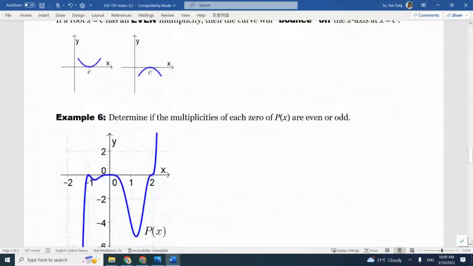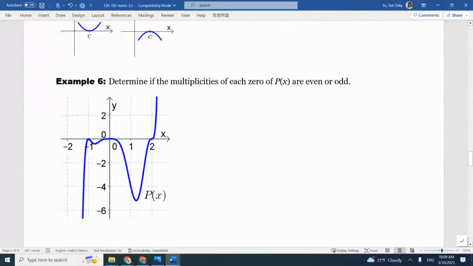All right, so look at the following. Determine if the multiplicity of each zero of p of x is even or odd. Okay, look at here. Even or odd? Odd, because we cross, right? So this is odd.